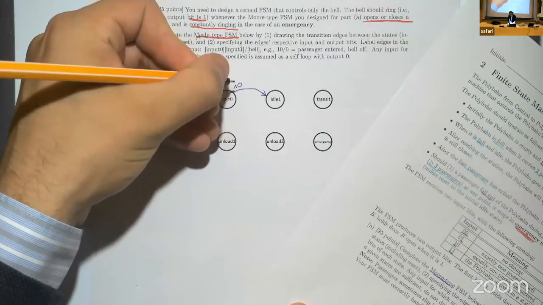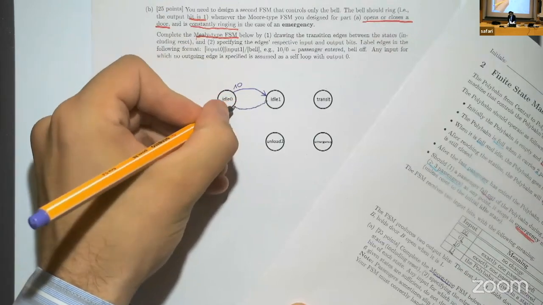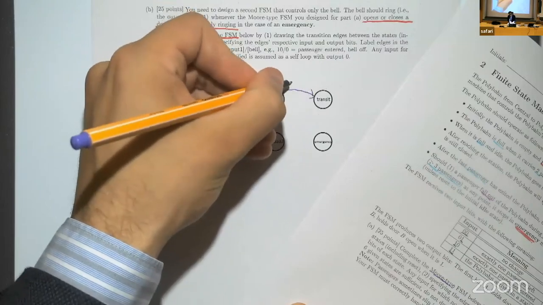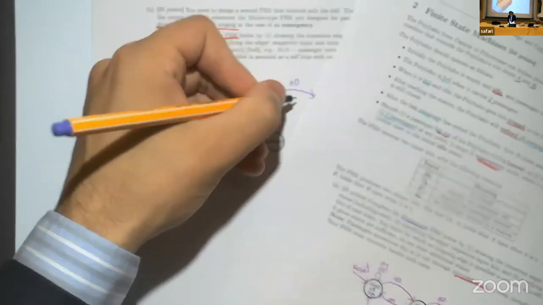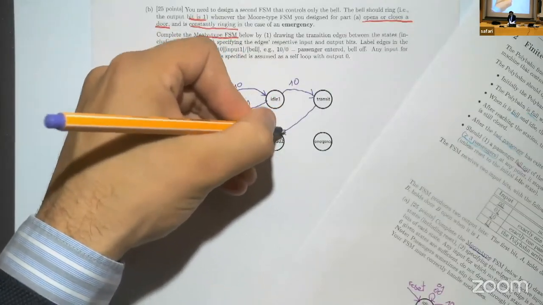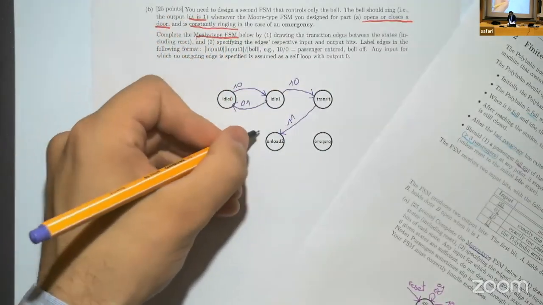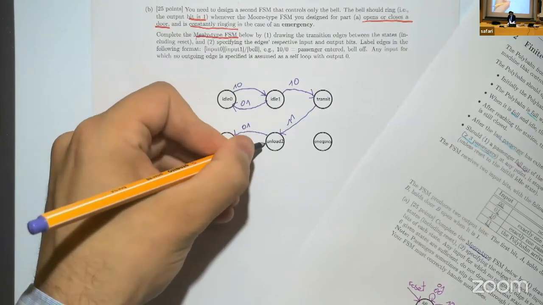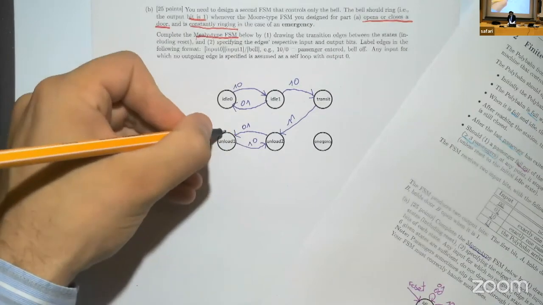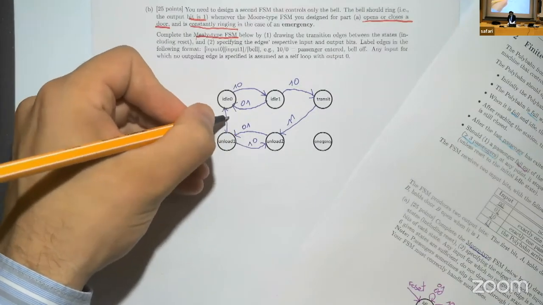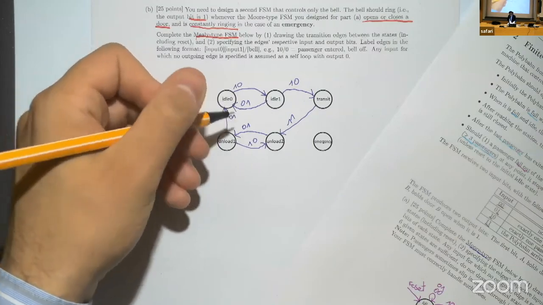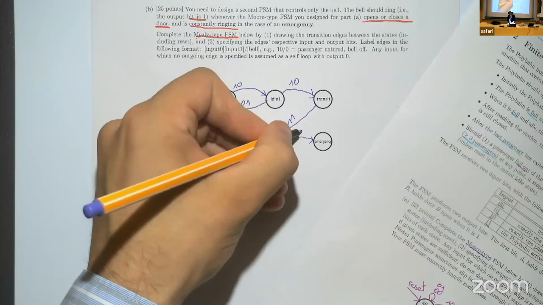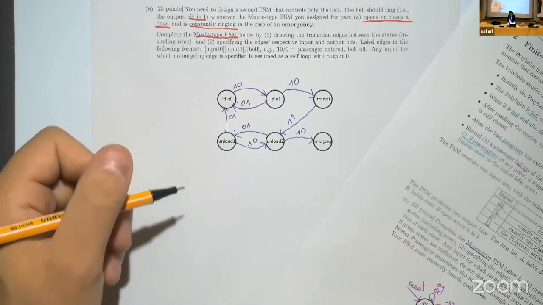So 0, 0, 1, 1, 0, 1, 1, 0, 1. Are you missing any?